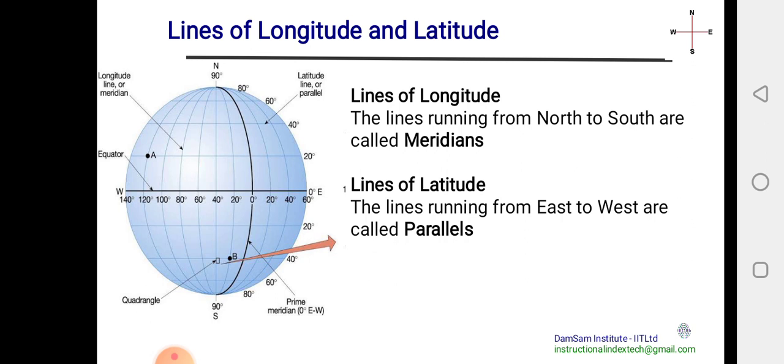The lines of latitude are called parallels. So the lines of latitude are drawn horizontally, and the lines of longitude are drawn vertically. We have to take a careful look at that, because as we proceed in this lesson, we'll come across diagrams that will require us to draw and to identify all those places.